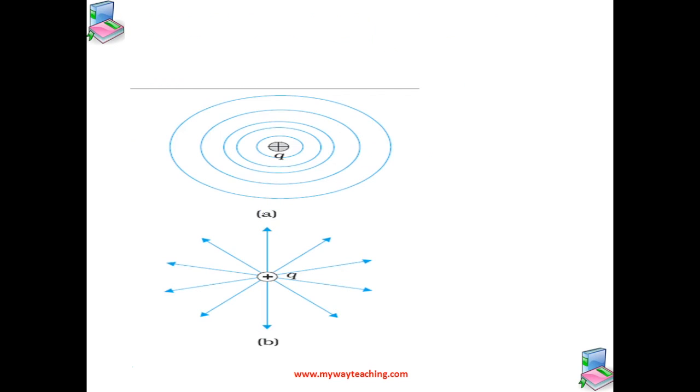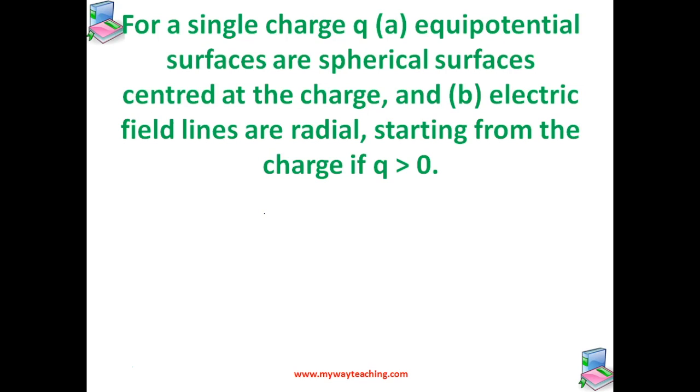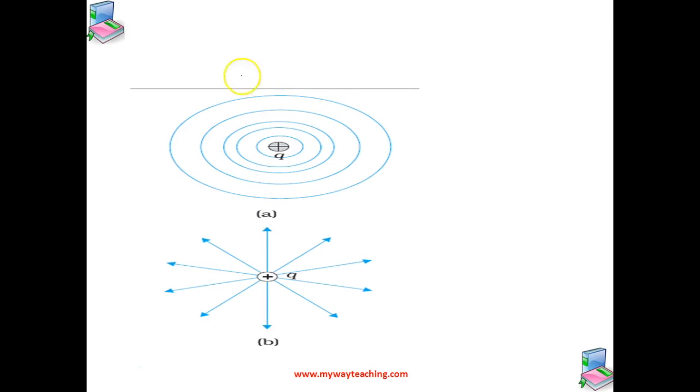You can see in this figure, for a single charge Q, equipotential surfaces are spherical surfaces because R will be constant. Electric field lines are radial, starting from the charge Q. For a single charge, these equipotential surfaces are spherical, and here the electric field lines are radial.